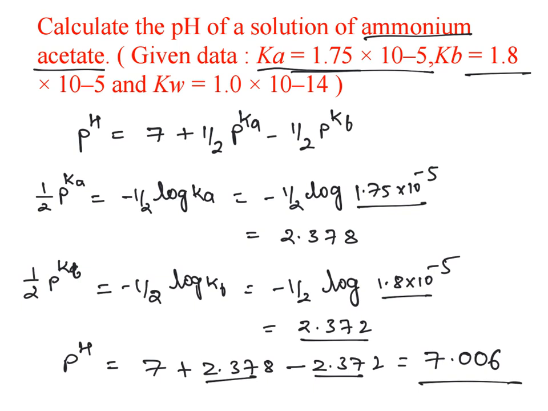In all the cases we have derived the expression of KH in terms of Ka or Kb, and in the last case KH in terms of Kw, Ka, Kb, and the relationship between KH and the degree of hydrolysis, alpha. Finally we have derived the pH expression, followed by problems.